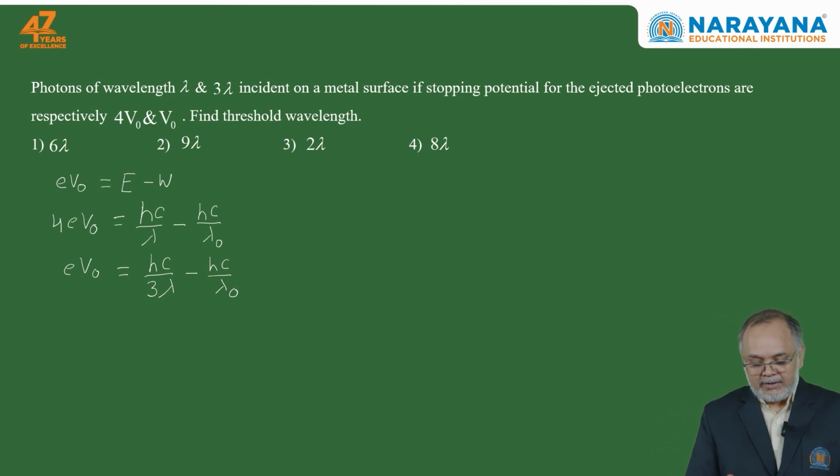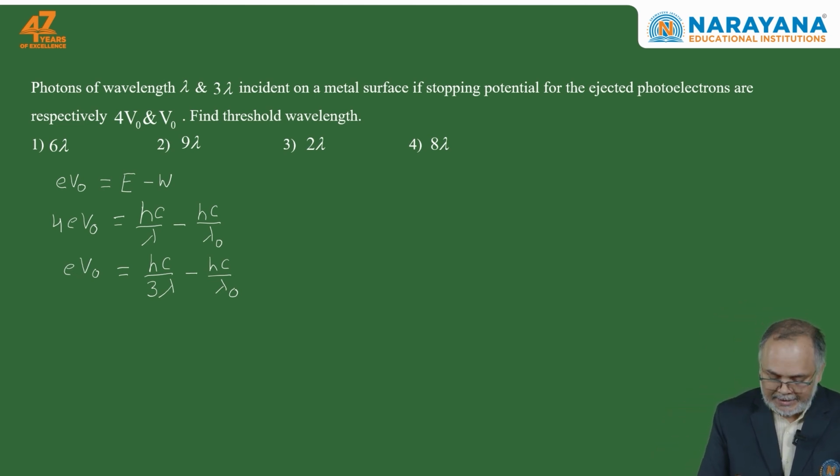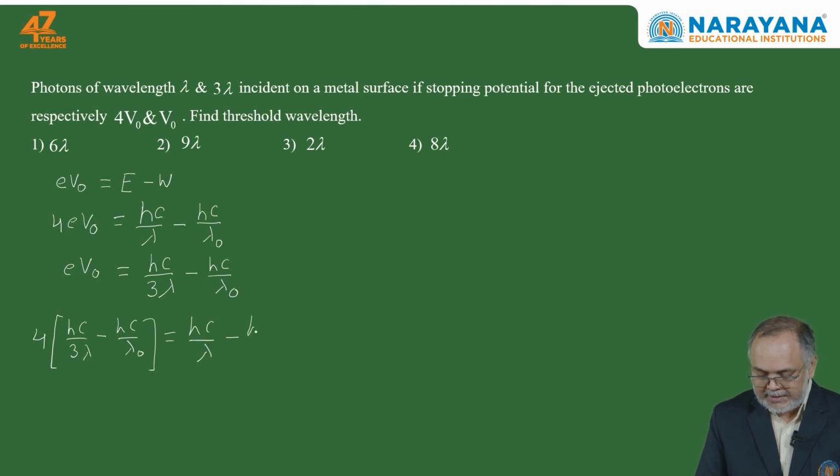Now the value of eV0 from this second equation, we can put it in the first equation. So we can write here 4 in bracket hc by 3 lambda minus hc by lambda naught is equal to hc by lambda minus hc by lambda naught.